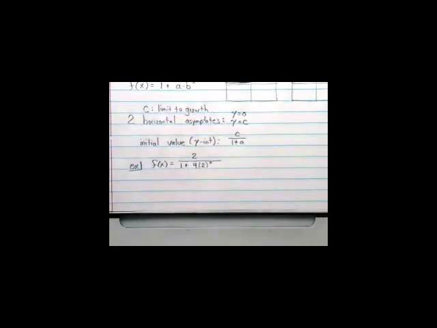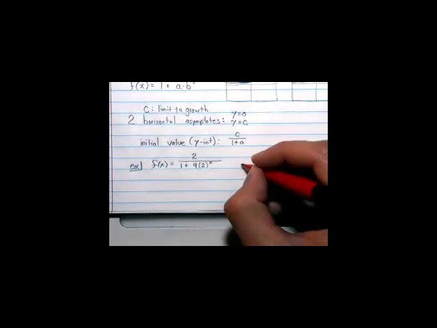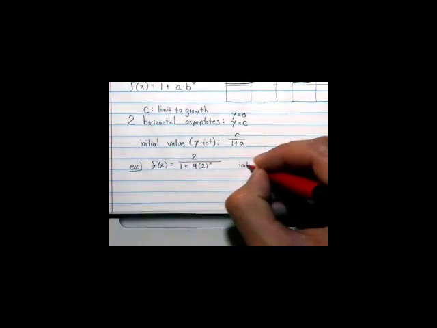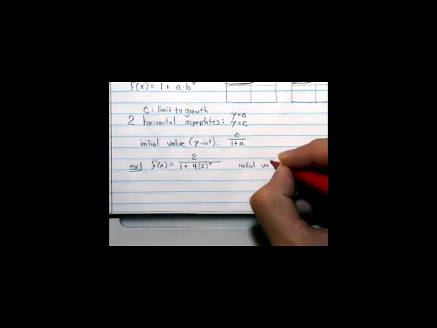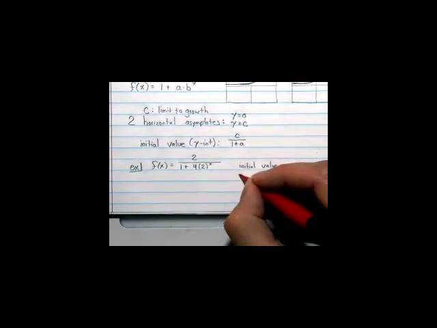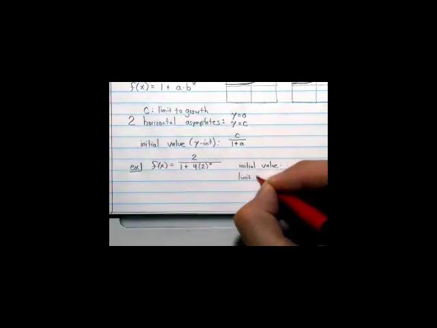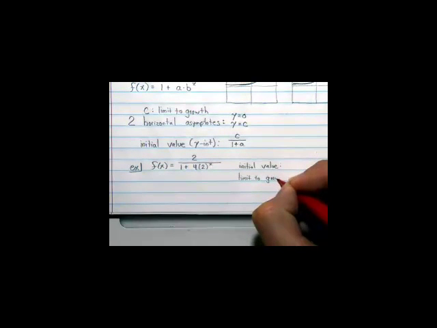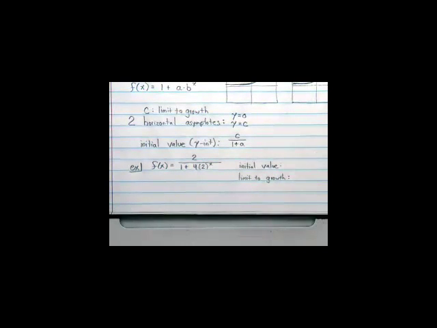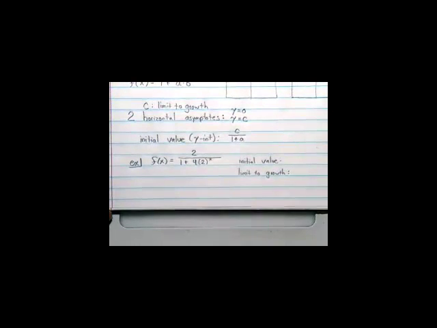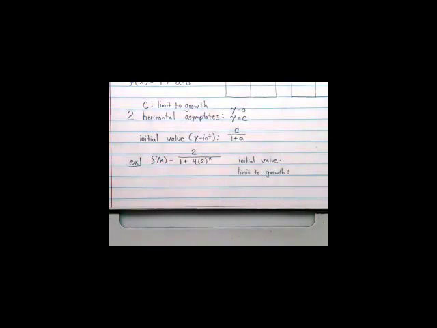How about f of x equals 2 over 1 plus 4 times 2 to the x? So what's the initial value? And what's the limit to growth? Let's start with that because we've already talked about both those things.